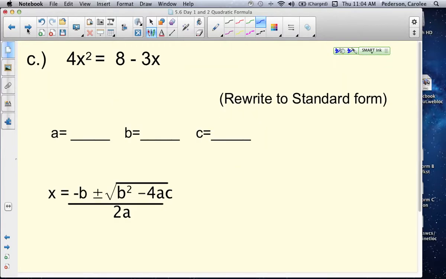All right, here's example C. Here's a quadratic equation, and there's a hint. We want to rewrite this to standard form. So we have to bring that minus 3x and the 8 over to the left side. So we're going to add 3x and subtract 8. So now we have 0 left on the right.